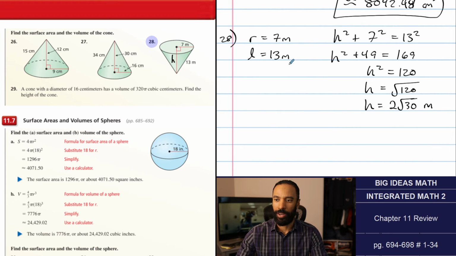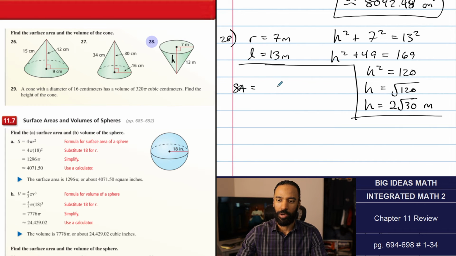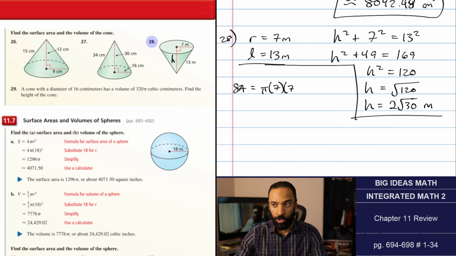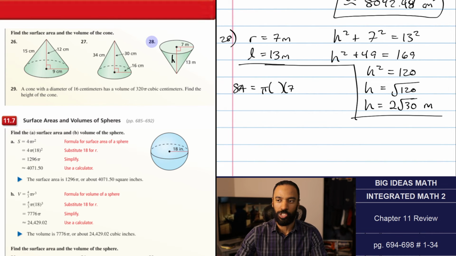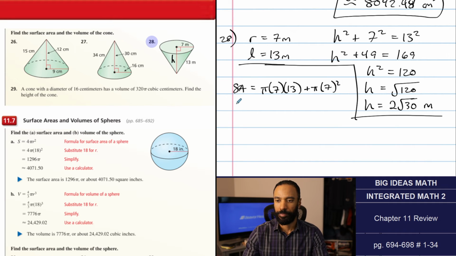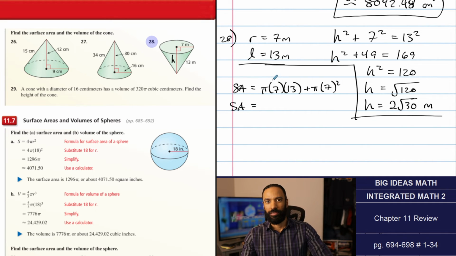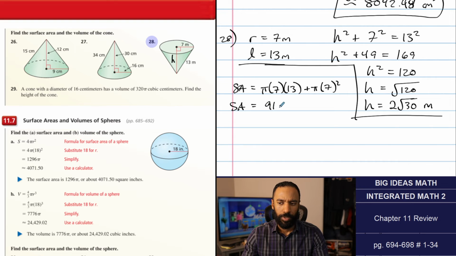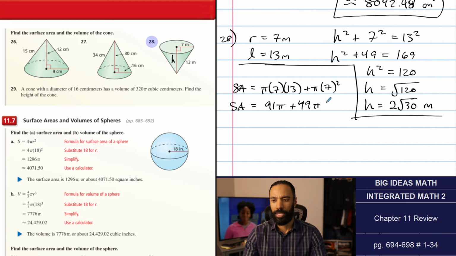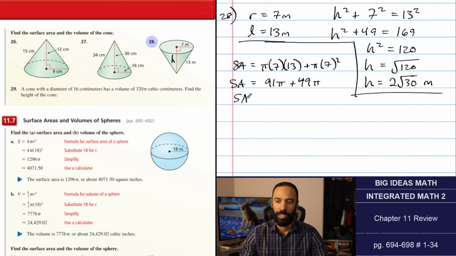The surface area, there's the information. Let's break that apart. Surface area, we still got to find pi r l. So our original values, we actually didn't need height for this, just for volume. So pi, that's 7, r l, plus pi r squared. 7 times 13 is 91. 91 pi plus 49 pi is 140 pi.